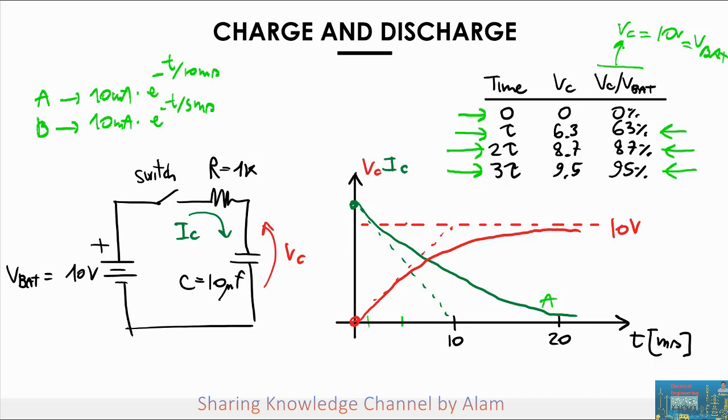The second time constant doesn't give you as much, it only brings you from 63 to 87. And then the third time constant only brings you from 87 to 95, and so on. The next time constant can only give you up to 5% because you already have 95%. So a rule of thumb that I use is to assume that after three time constants, the voltage and the current on a capacitor are pretty much at their final value.